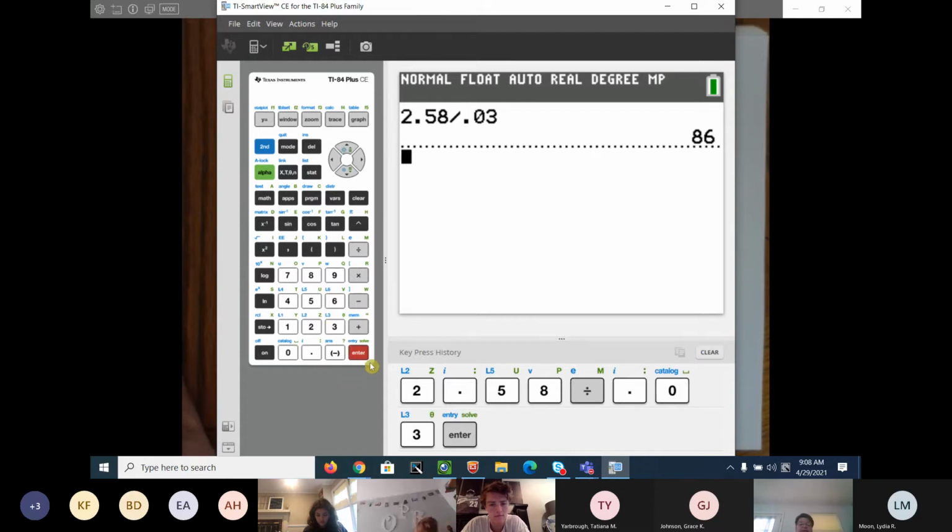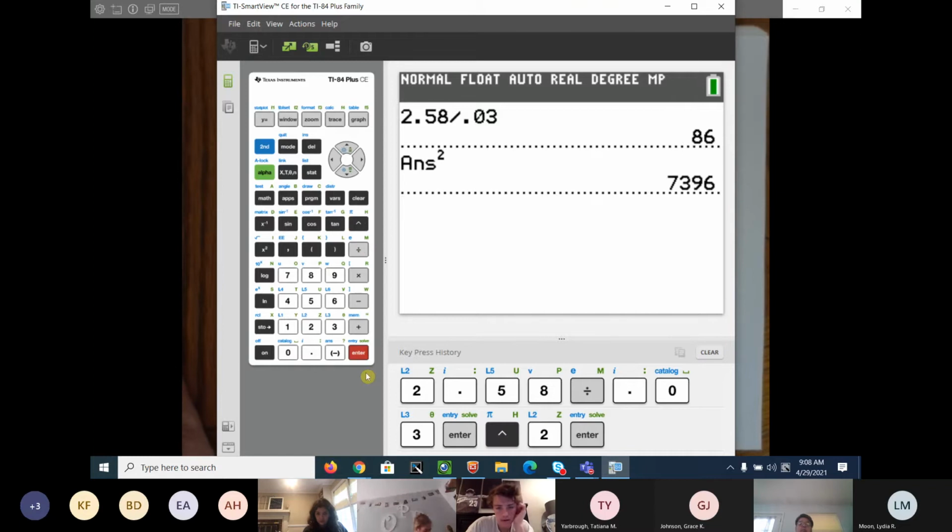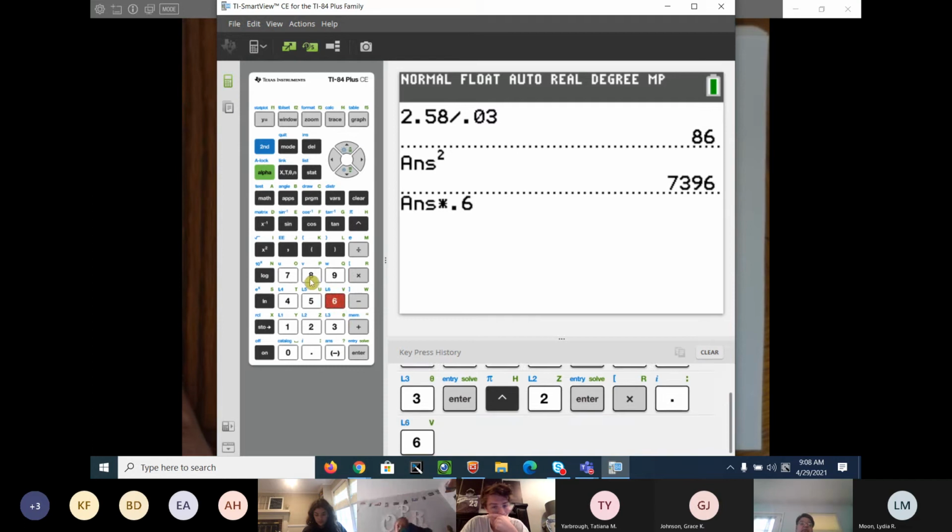I'm going to raise that to the second power and multiply by, and I'm just going to show you that it doesn't make any difference, I'm going to multiply by 0.68 times 0.32. So I just switched it around. Doesn't matter.